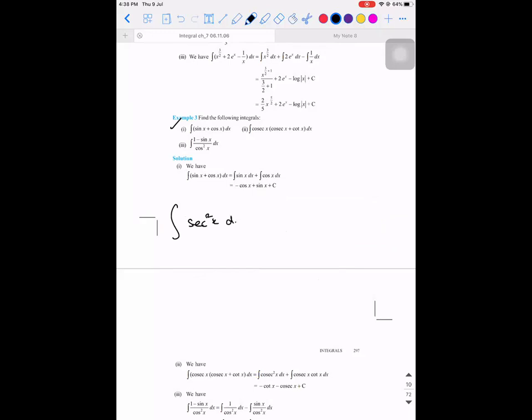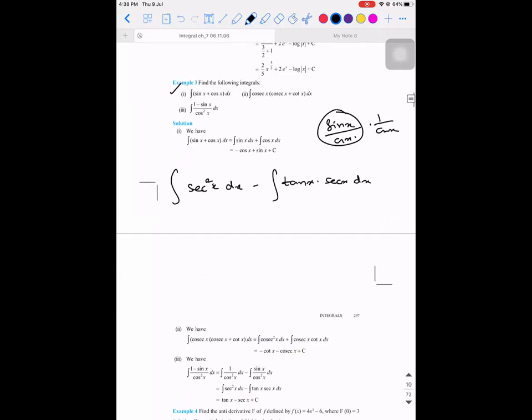Integral of secant square x dx minus integral of sin x by cos square x, which I can write as sin x by cos x into 1 by cos x. So sin x by cos x is tan x into secant x. Integral of secant square x is tan x. Minus, derivative of which function is secant x tan x? It is secant x. Yes, that's the answer.